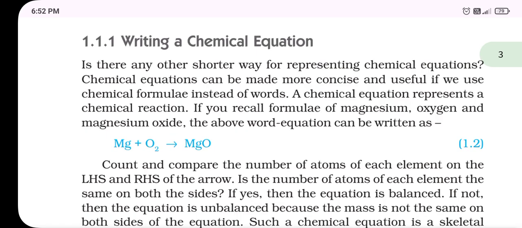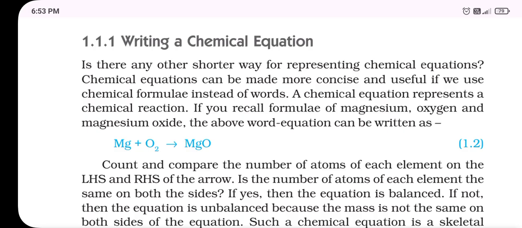Writing a chemical equation, 1.1.1. Is there any shorter way for representing chemical equations? Yes, by symbols. Chemical equations can be made more concise, meaning shorter and more useful, if we use chemical formulas instead of words.